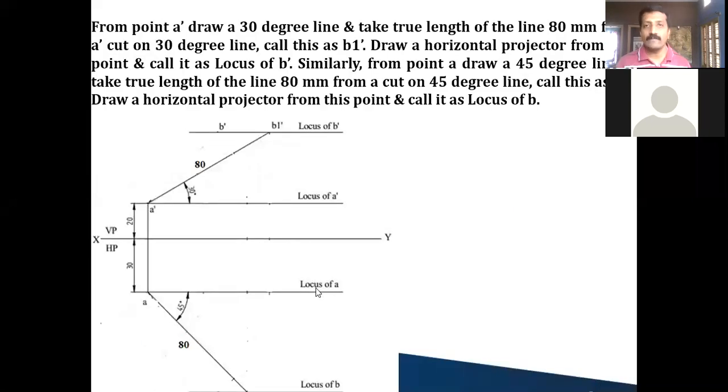Now the second step. He says the true length of the line is 80 millimeter, and he has given the true inclination theta 30 degree and true inclination phi 45 degree. So after that, from A dash you draw a 30 degree line.